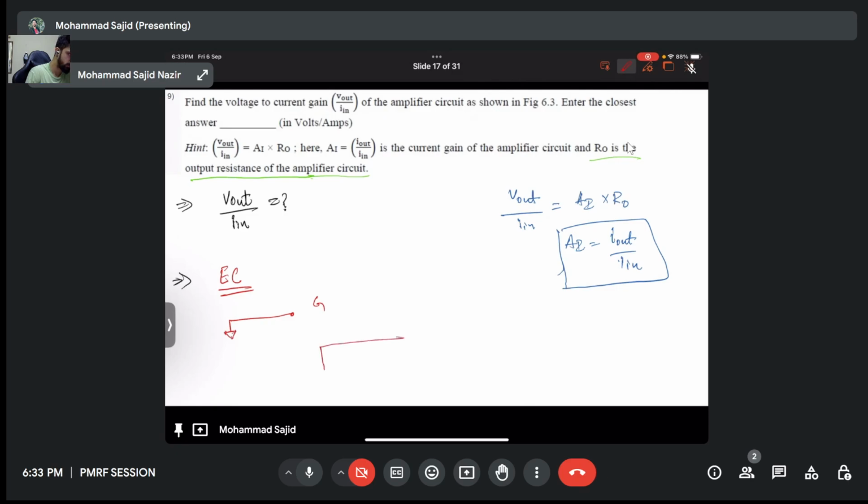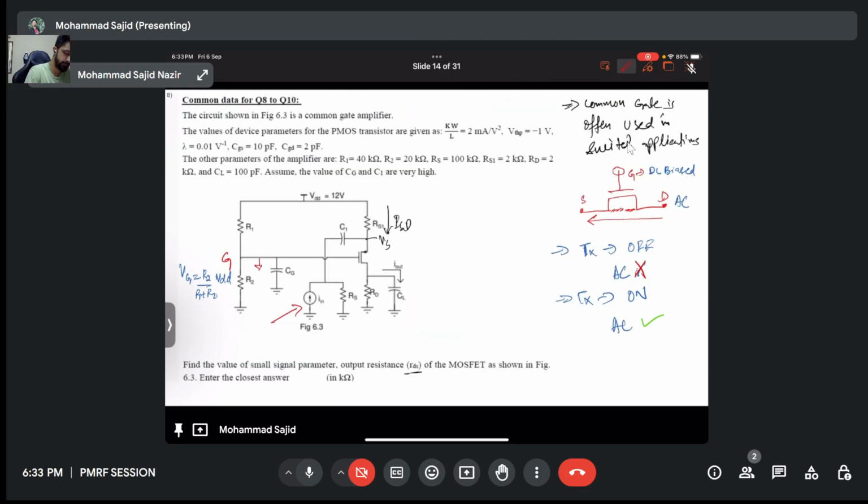And in the source, we will have I input with source resistance of RS1, and this will again be GM times VGS. This is R0, this will be RD. Let's look again.